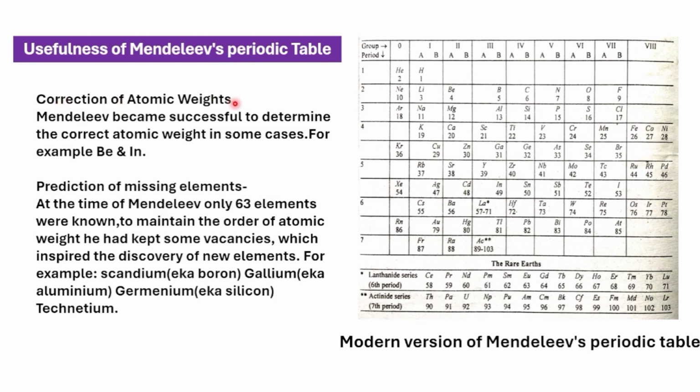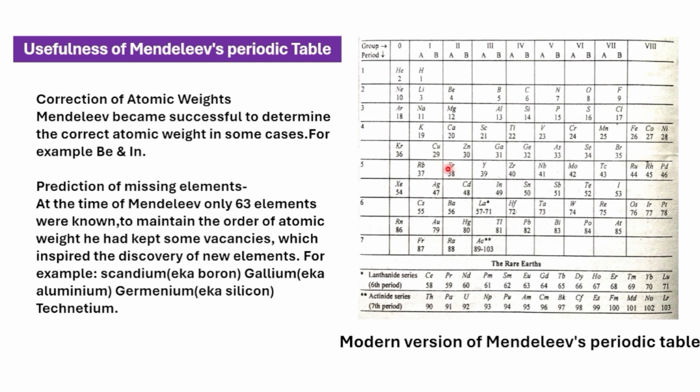Now correction of atomic weights was done, so that Mendeleev became successful in determining the correct atomic weight in some cases. For example, beryllium and indium. At the time when they were doing this research, there was some issue with the precise measurement of atomic weights.